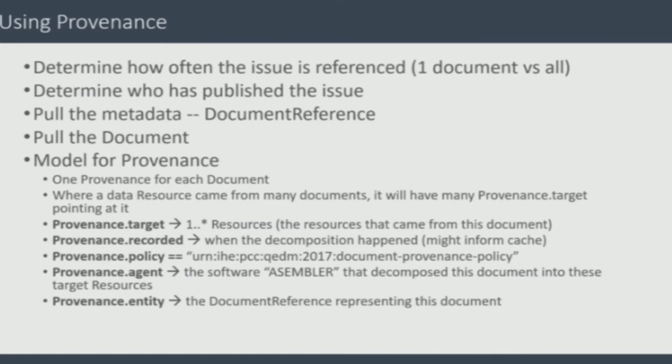So the provenance resource is kind of described here. I'm actually the owner of the provenance resource in FHIR. So this is second nature to me. But a provenance resource is intended where explicit provenance is needed.